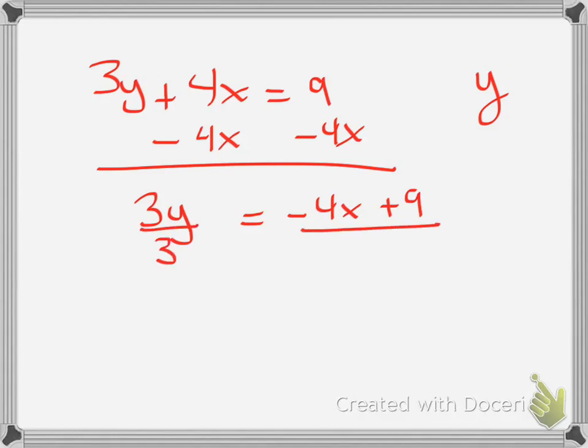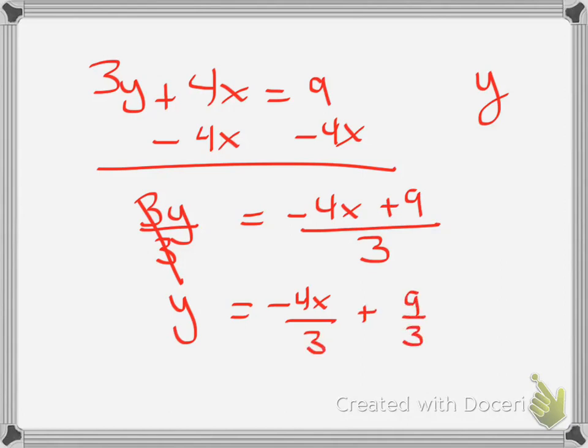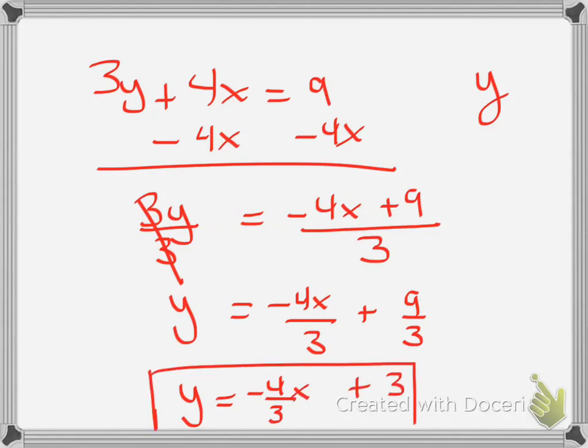All terms by 3. Now this really means negative 4x over 3 plus 9 over 3, which simplifies to negative 4/3 x plus 3. Now you could write it like that, or you could have written it like this.